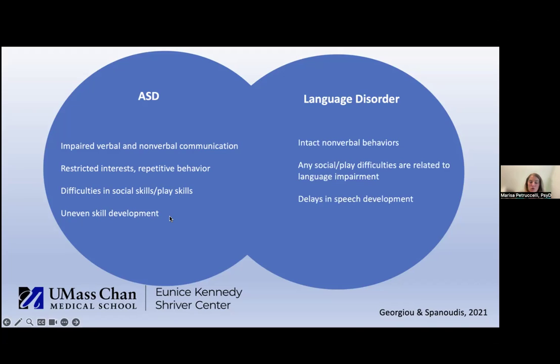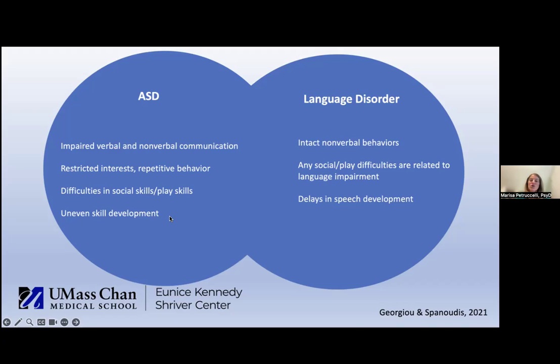In language disorder, you typically see more intact nonverbal behaviors. So one of the differentiating features might be, what do those nonverbal behaviors look like? If a child is struggling to communicate, are they using nonverbal strategies to attempt to compensate? Lots of gestures, lots of eye contact and facial expressions to try to express themselves. Any social and play difficulties they might be experiencing tend to be related to that language impairment directly.